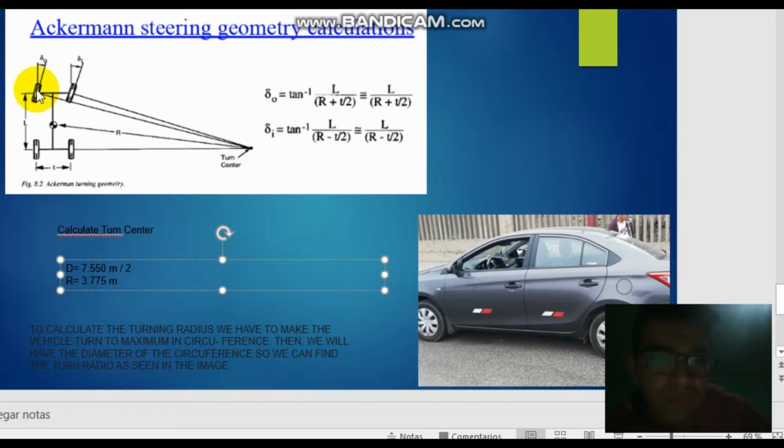Then we will have the diameter of the circumference, so we can find the turn radius seen in the picture here. The diameter was 7 meters 50 centimeters, so the radius was 3 meters 775.